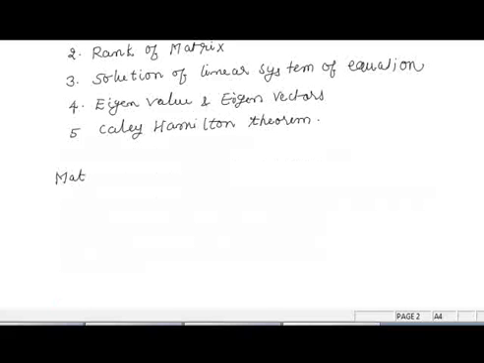What is the matrix? As we know, any matrix A can be represented as A11, A12, A13, A1n.